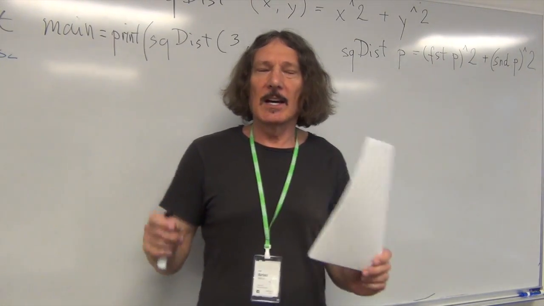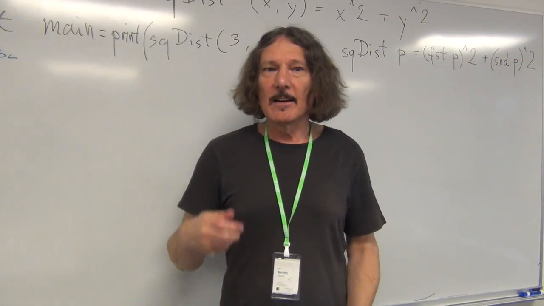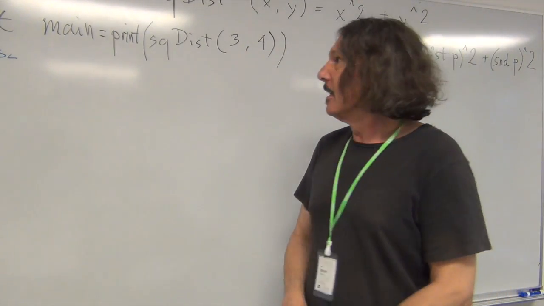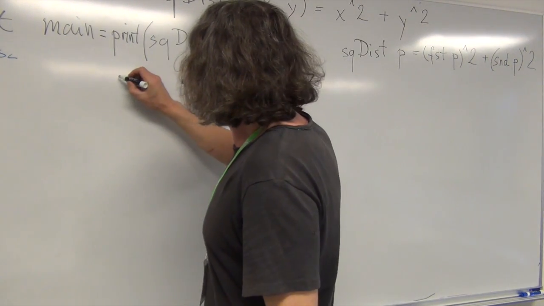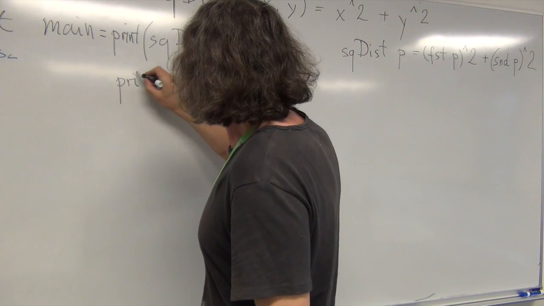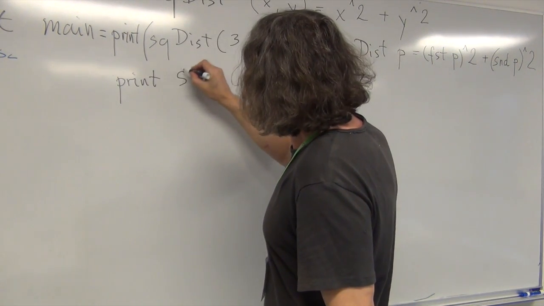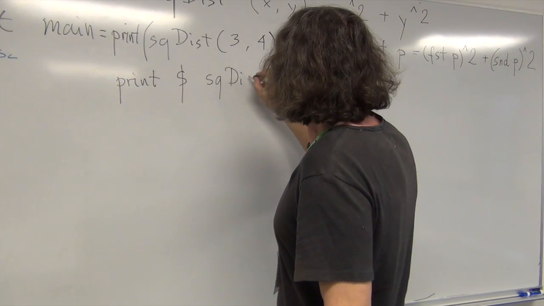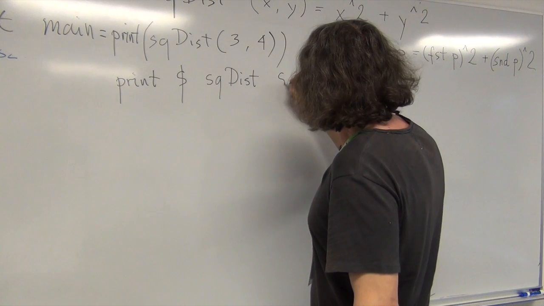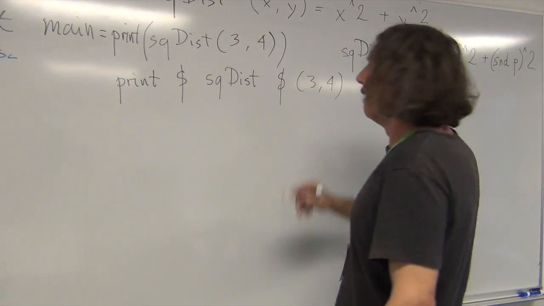What we can do in Haskell is just define an operator in the library. This operator is called $. Instead of putting these parentheses, we just put a $ sign here, and we say sqdist, put another $ sign, and say 3, 4.